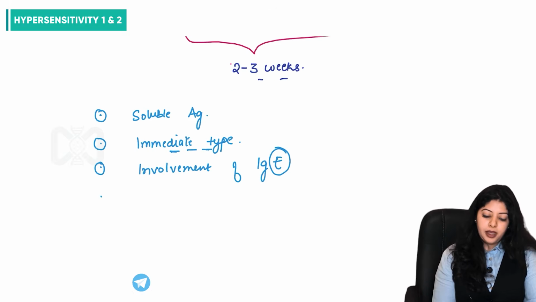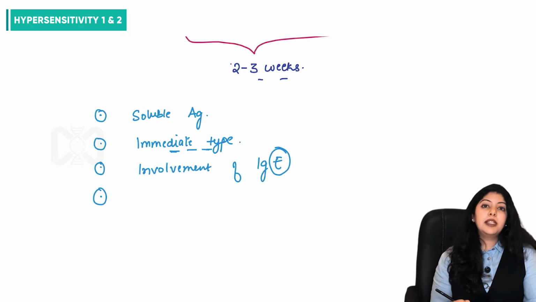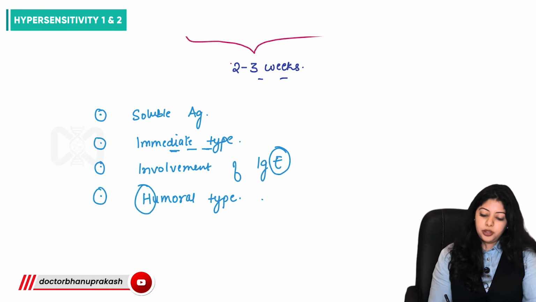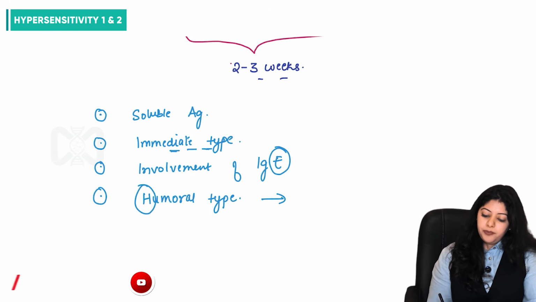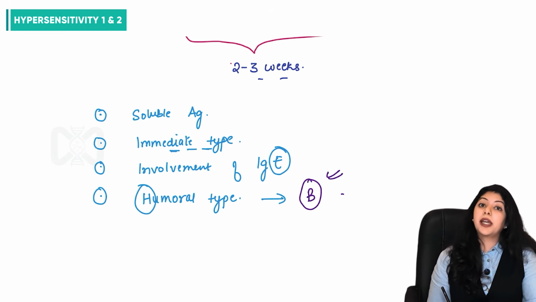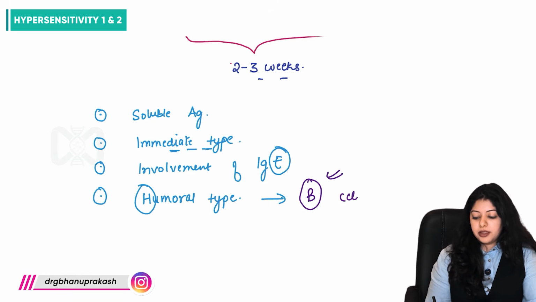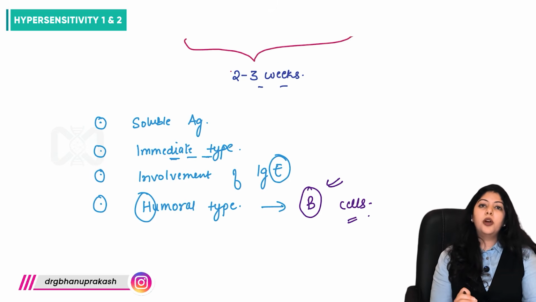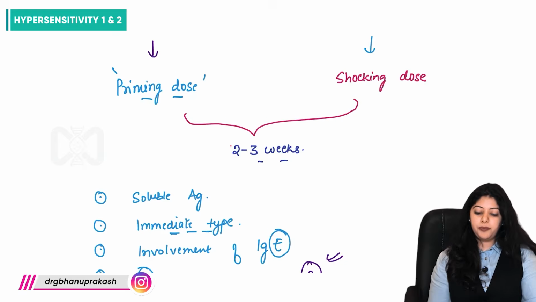Is it B cell mediated or T cell mediated? It is a humoral type of hypersensitivity, and whenever humoral comes into play, the B cells have a major contribution in the mechanisms. These are the few important points you must know about type 1 hypersensitivity.